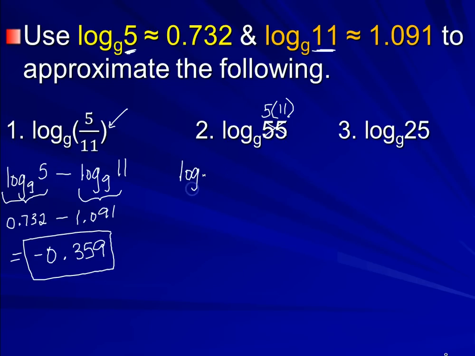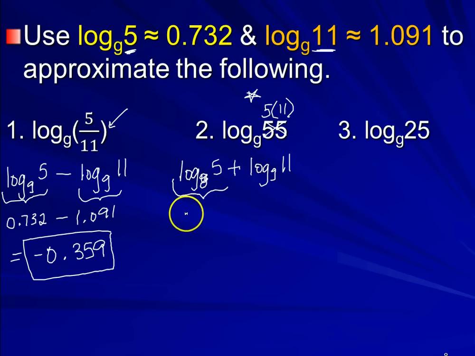Okay, well, now what do I do? Whoops, my bad. Log base g of 5, log base g of 11, and then how can I split this up? If it's 5 times 11, how do I split up multiplication? Multiplication splits up with addition. That was our property we just talked about.